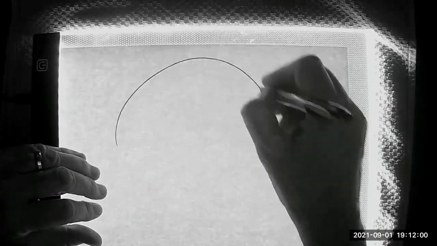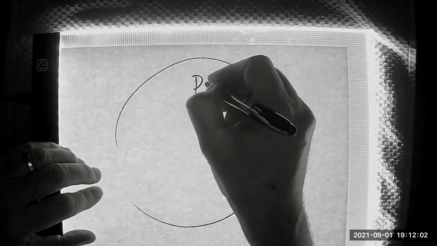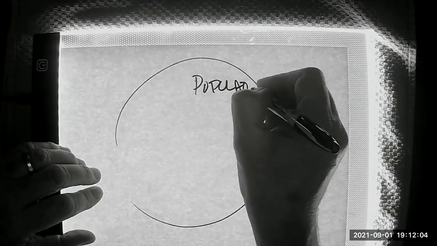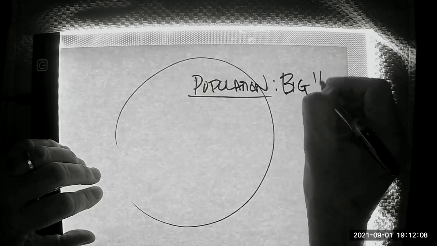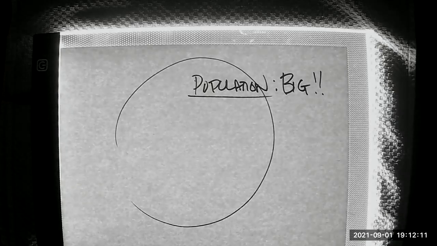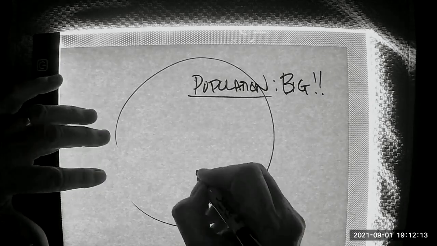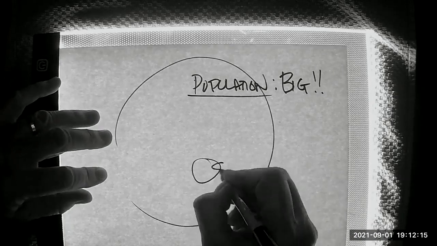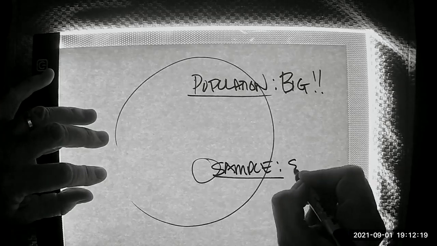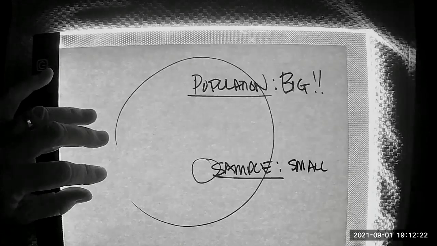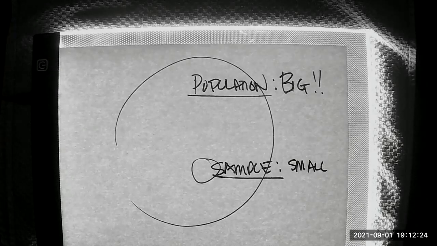This is where I want to lay out some big picture stuff. What we like to do is realize that our population is big. Within that population, we'll take a sample. The sample will be small compared to the population.